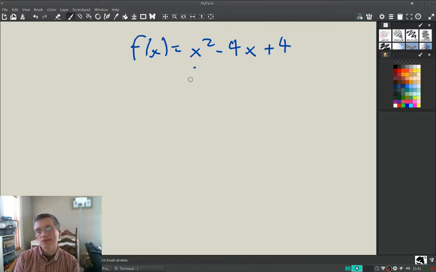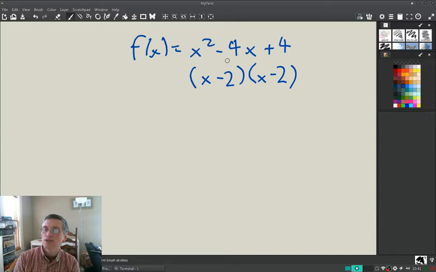How about this? Let's see, does this factor? Let's see, 4 is 2 times 2, so if we have -2 and -2, that would add up to -4 in the middle, and -2 times -2 is +4. So we get this.